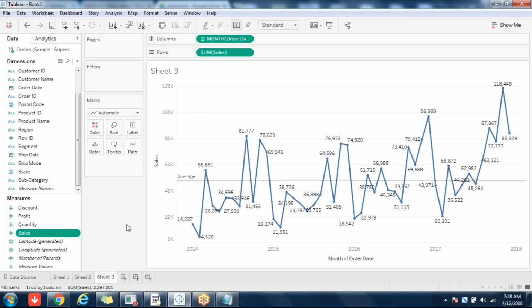So what is trend? Trend is nothing but something is changing or developing.